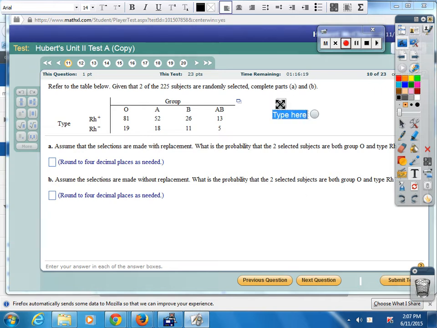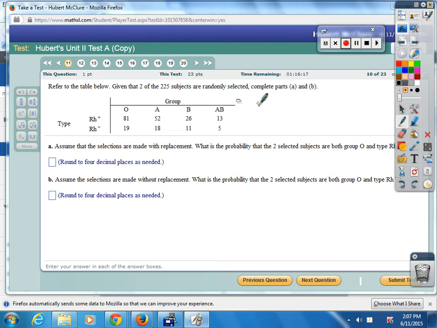So 100 over, is it 225? Is the whole thing 225? Times what? What's the RH? Y'all with me or what? Why did you put 100? That's 81 plus 19.